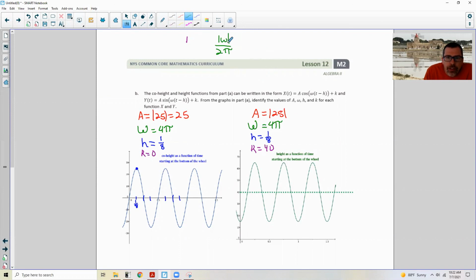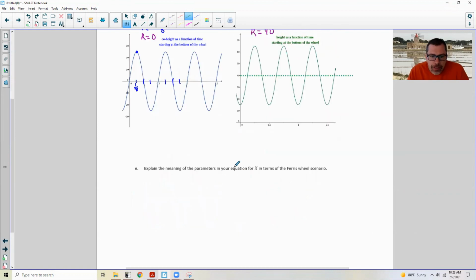So how many rotations are we doing? We're doing 2. So if I multiply both sides by 2 pi, then the absolute value of omega equals 2 pi times 2, which equals 4 pi. So omega is 4 pi, and that's where this came from, okay?